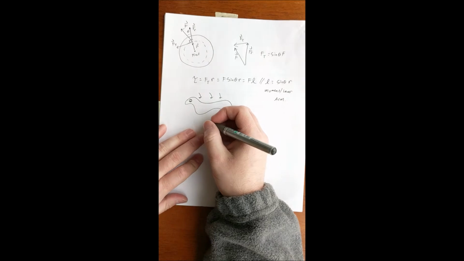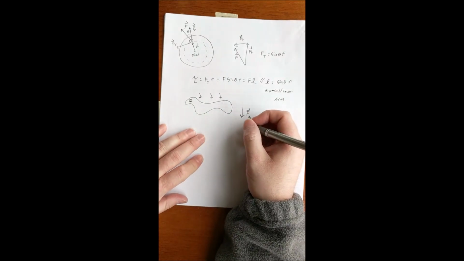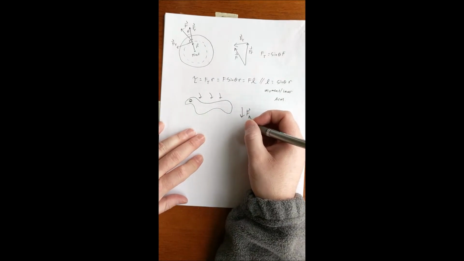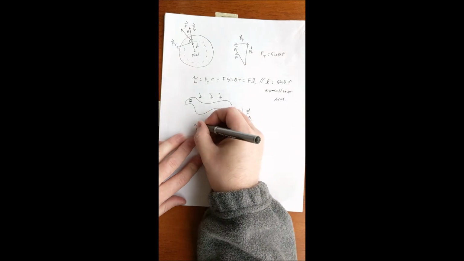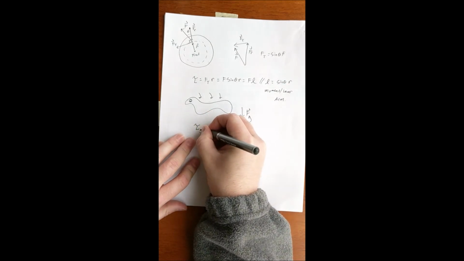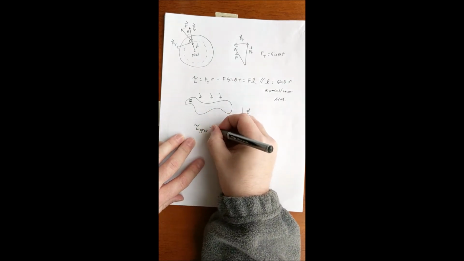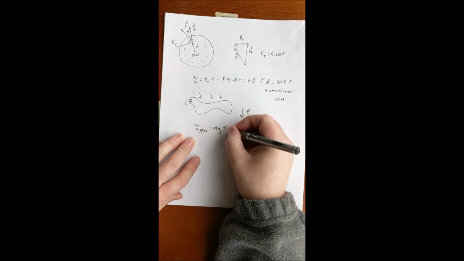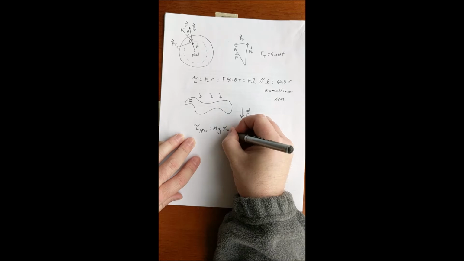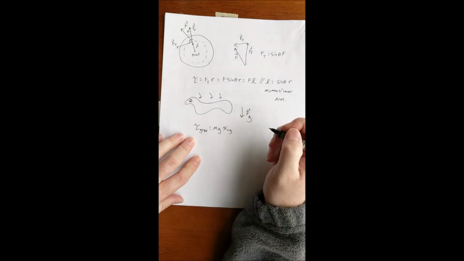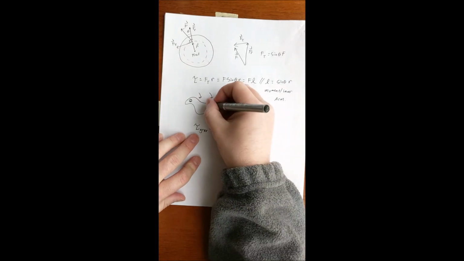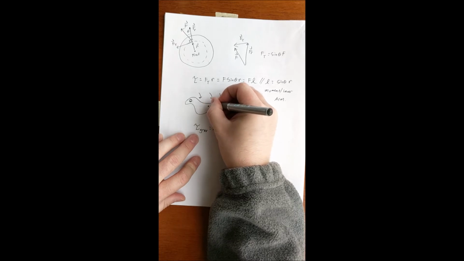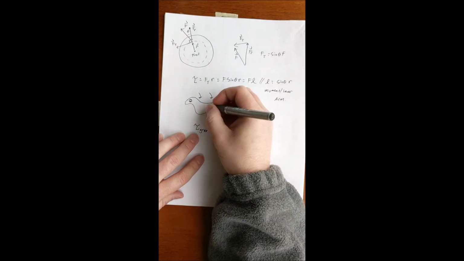So when we have something like that, something that's just held by one end under a gravitational field or something similar, we say torque gravity is mass gravity times the x distance of the center of gravity. So the center of gravity most often is just the center of mass, right? So suppose we have our center of gravity here, right?